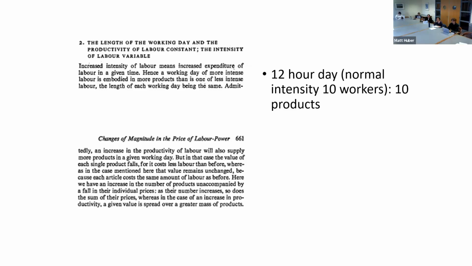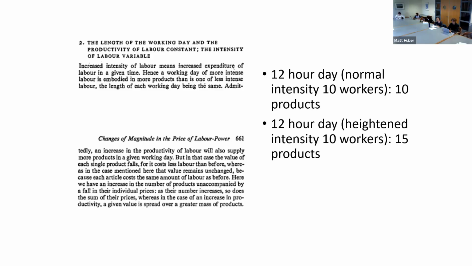What if we have a 12-hour day? Just take a 12-hour day, and you have the normal intensity of 10 workers working at their normal level of intensity. Let's say that produces 10 products. What if we then said, okay, 10 workers, we want you to work harder. Let's speed you up. You might heighten the intensity of those 10 workers and get 15 products.